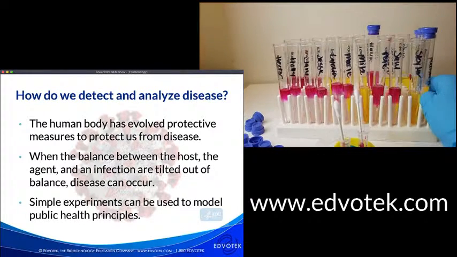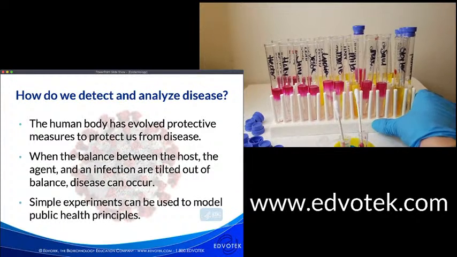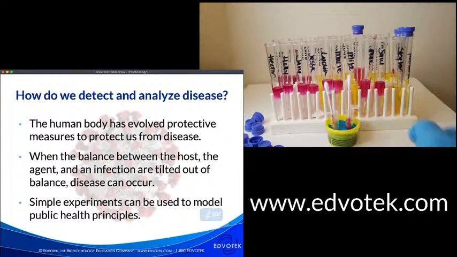So that's the way our body responds to any pathogenic agents versus ones that it has been exposed to previously. And the biggest thing is that individuals become sick when the balance between the host, the agent, and the environment is tilted out of balance. That's when disease will occur.